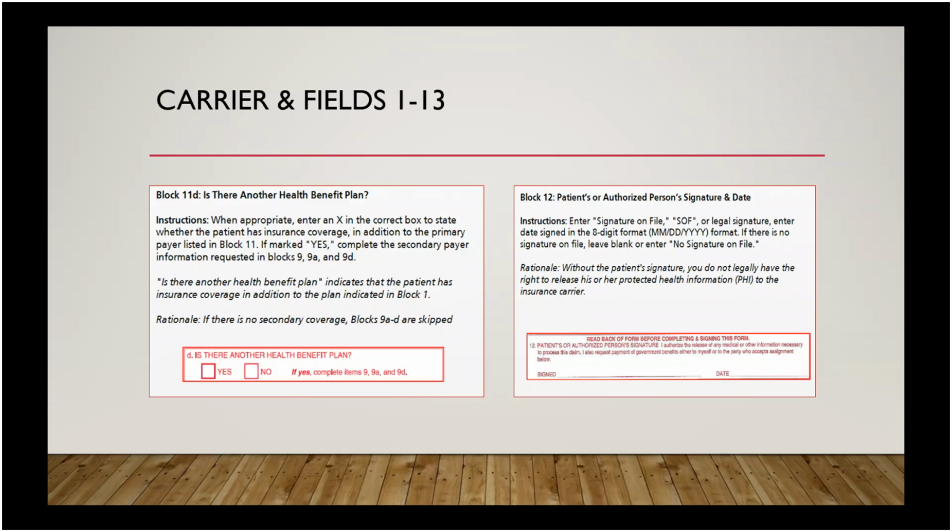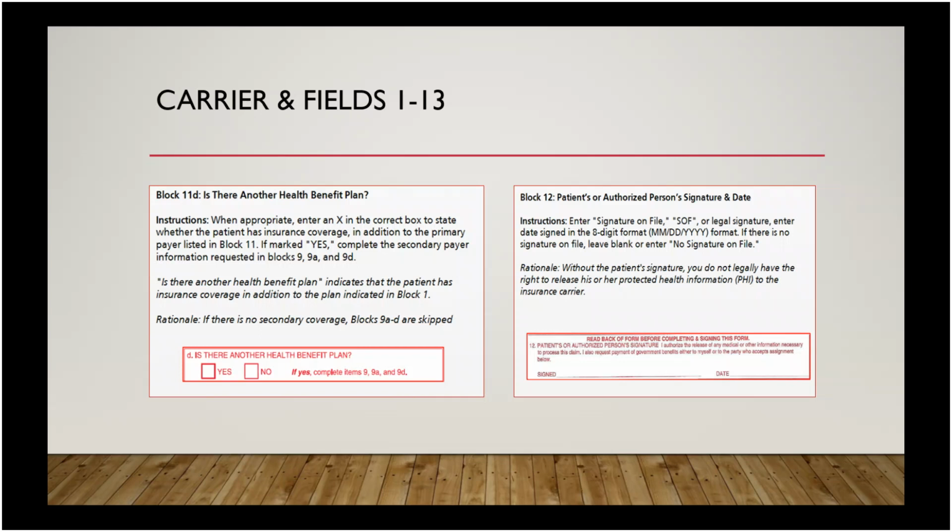Is there a secondary? You'll mark either yes or no. If it is yes, you're going to complete the secondary payer information requested in blocks 9, 9A, and 9D. And then the rationale: if there is no secondary coverage, blocks 9A through D are skipped.